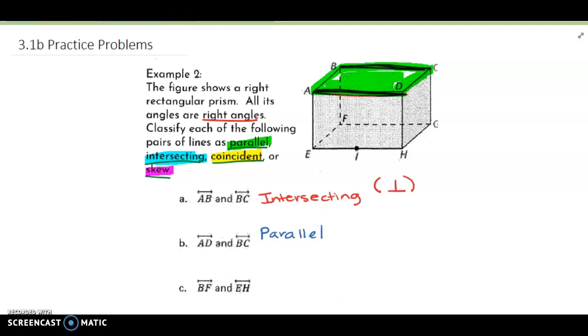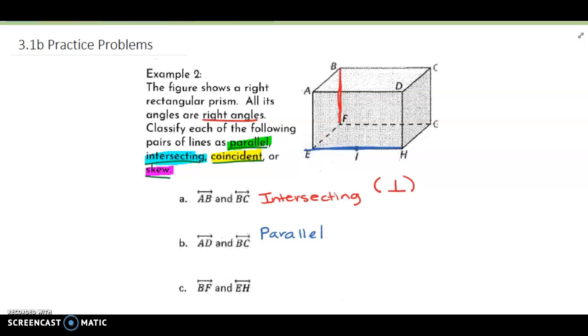All right, let's do our very last one here. Let me erase this. It says lines BF, so this is line BF, and line EH. So this would be line EH.